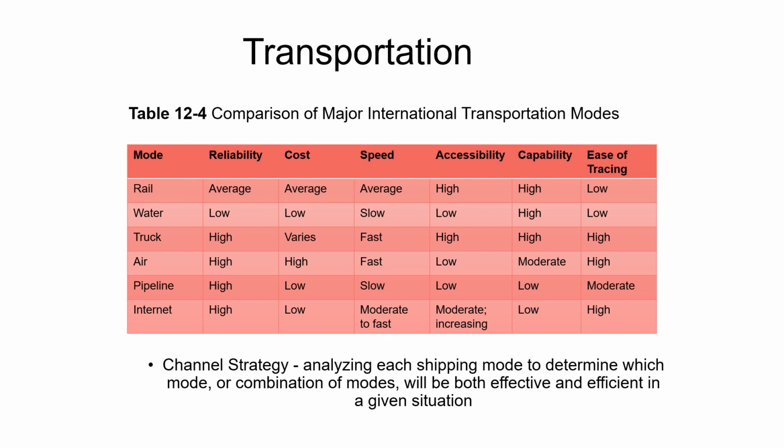Rail's capability is second only to water in terms of the variety of products that can be transported. However, trains are less reliable than trucks. Poor track maintenance can lead to derailment.